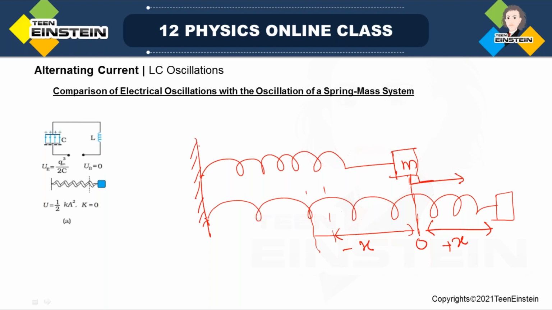If it is stretched within the elastic limit, the spring will give a force. You are giving a certain force in this direction, so the spring also will give a restoring force, such that the spring is able to bring its configuration back to the original configuration.